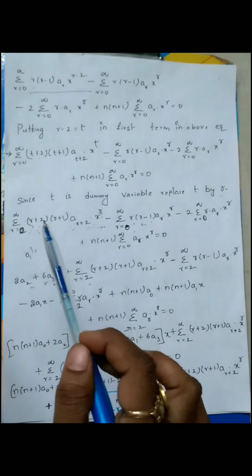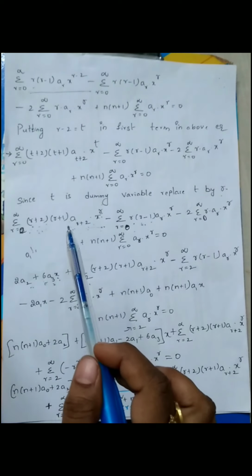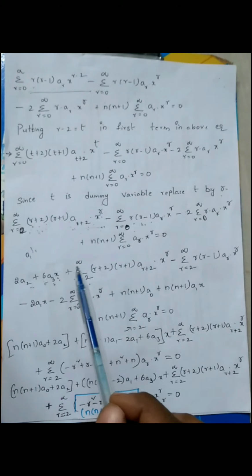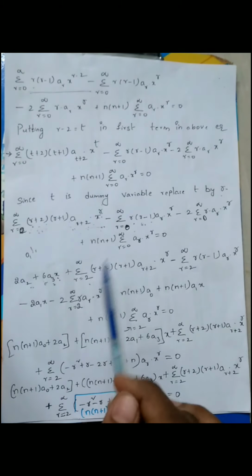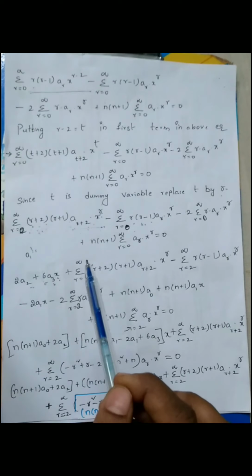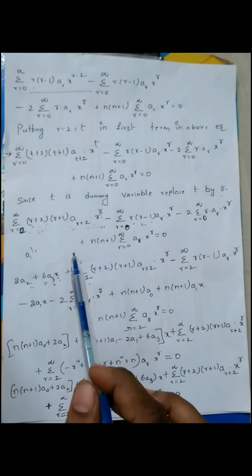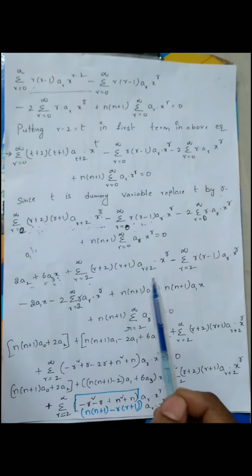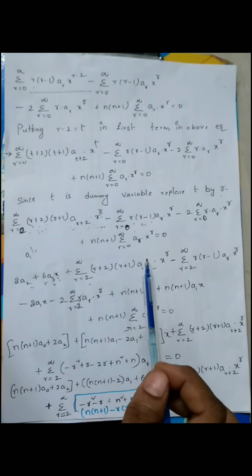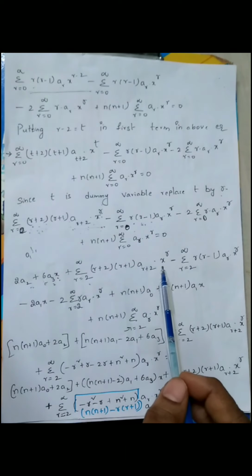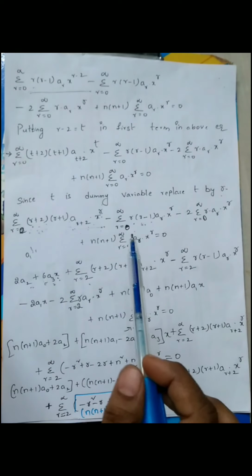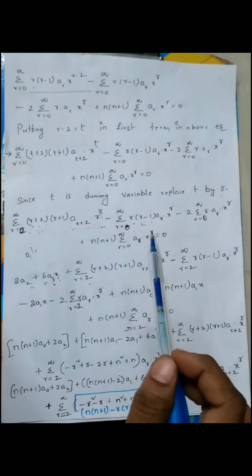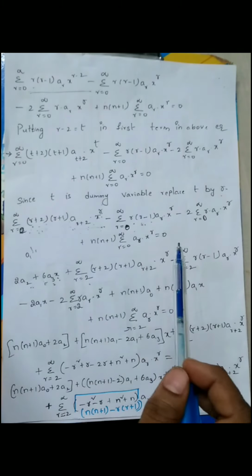Similarly, if we substitute r equals 1, this term changes as 6a3 into x. So up to 2 we are taking. In sigma r equals 2 to infinity (r plus 2)(r plus 1) a(r plus 2) x power r, for each and every term, we take the r equals 0 value and the r equals 1 value up to 2.